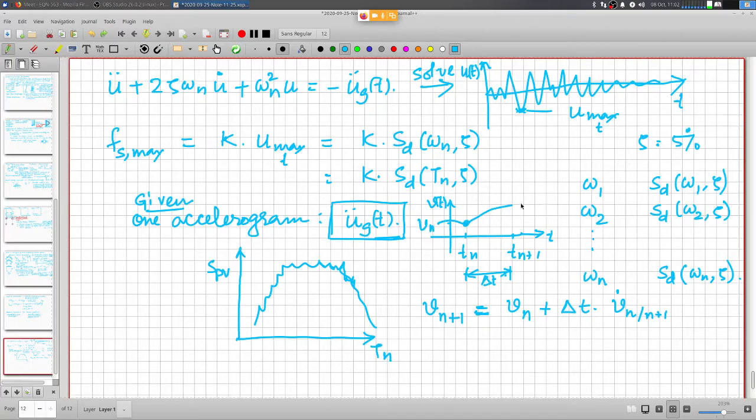So this value is Vn, this value is Vn plus 1. So Vn plus 1 is computed as delta t times the derivative. What is the approximation of this derivative? This is the derivative at the nth time. So obviously this approximation is very good if delta t is small.